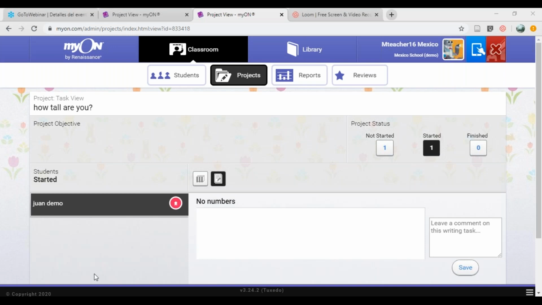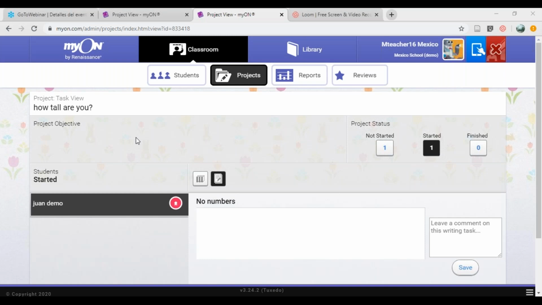So we get an idea. What I want to share with you in this part is that Myon is not only for reading, it's also for writing, and our students can write a lot. And we can encourage them to think in a very creative way.